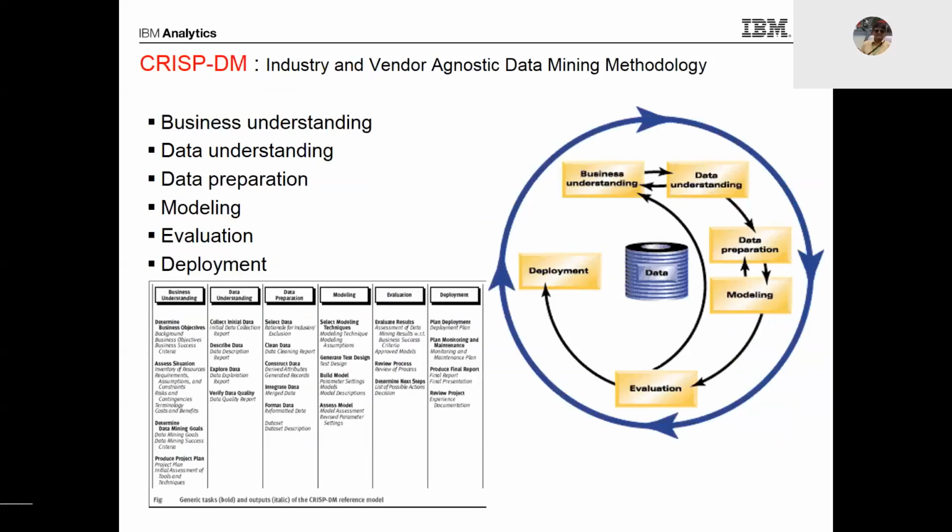domain, right? You need to prepare certain features before you can expose the underlying data set to a machine learning algorithm or artificial intelligence algorithm or a data mining algorithm, whatever you may like to call it.